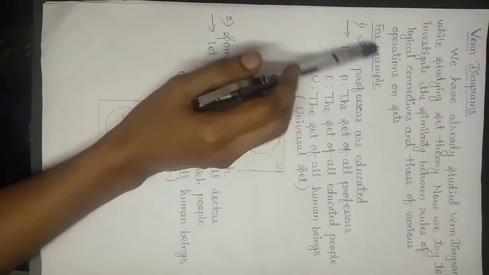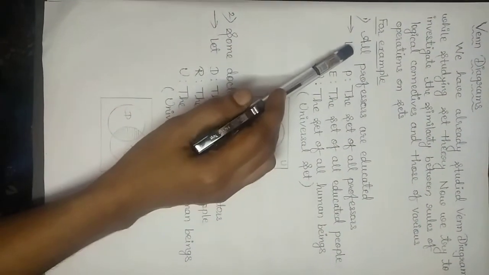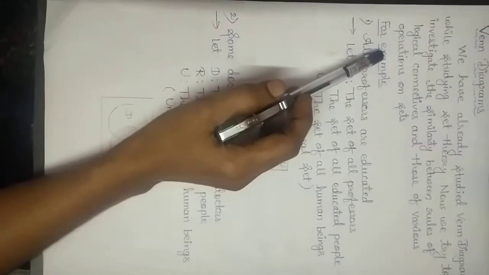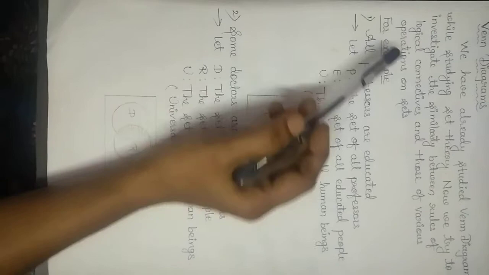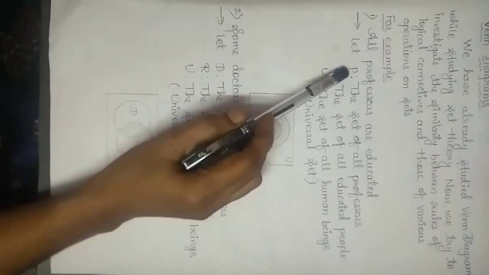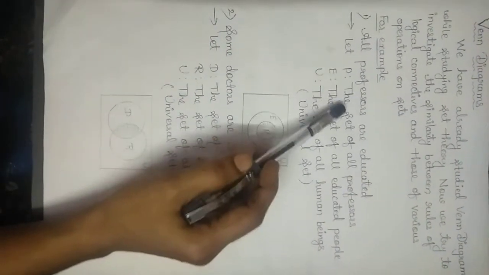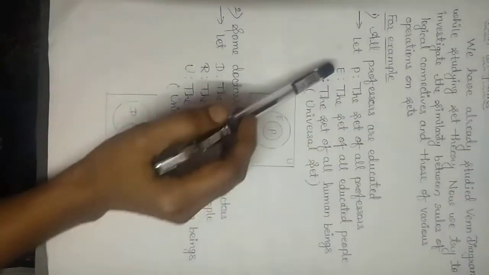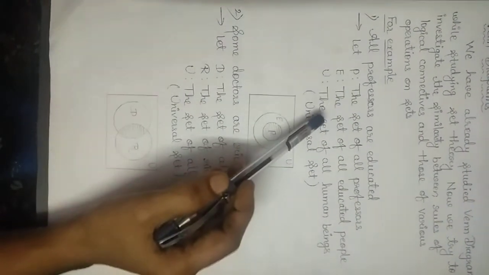Now for example, first one, all professors are educated. Now here we have given all. First we will consider P, that is the set of all professors. Then we consider E, the set of all educated people, and we require U, that is the set of all human beings.